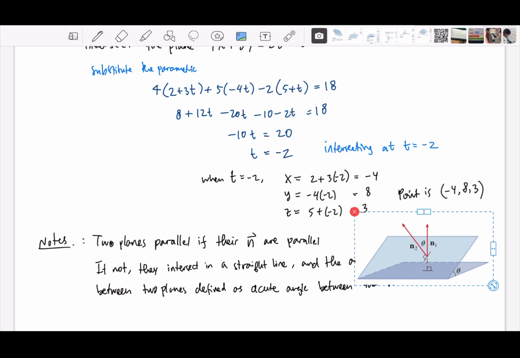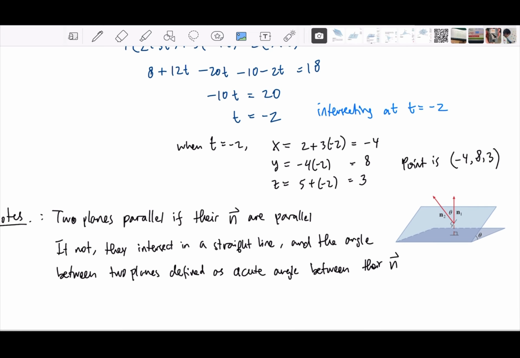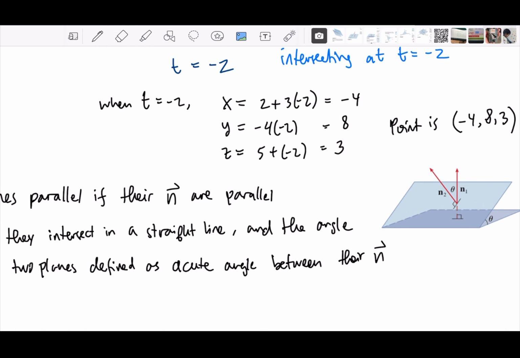Like this one. And if you want to find the angle, we can take the dot product of n1 and n2, the normal vector 1 and normal vector 2, and you will find the cosine of theta, and you can eventually get the angle.